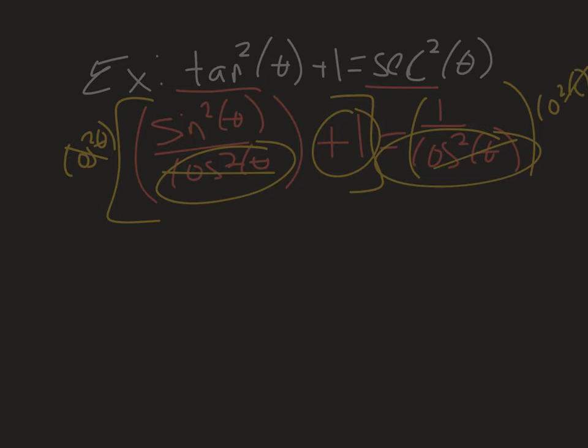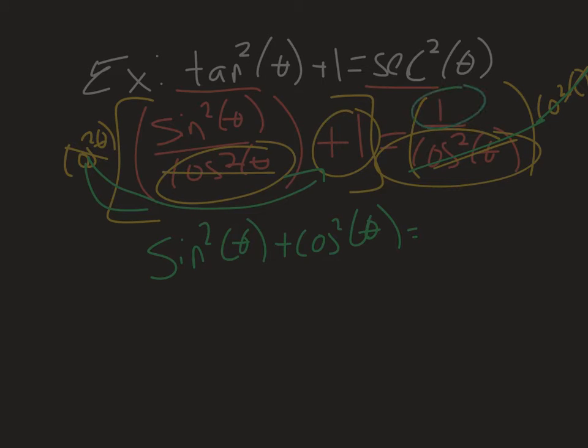The idea is I can get rid of the denominators and just have the numerators. In the first fraction, the cosines cancel, leaving me just sine squared of theta. Now I have to distribute this to both. So 1 times cosine squared of theta will be cosine squared of theta. And likewise, the cosines both cancel, leaving me just a 1 from up here.